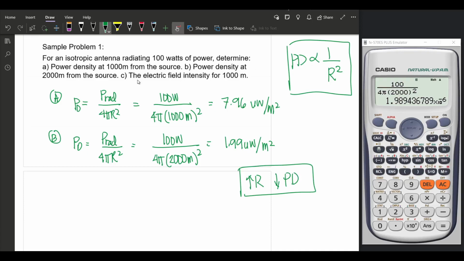Okay, letter C, there is one more to solve. What is the electric field intensity for 1,000 meters?